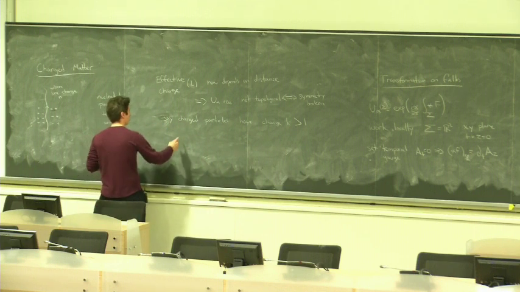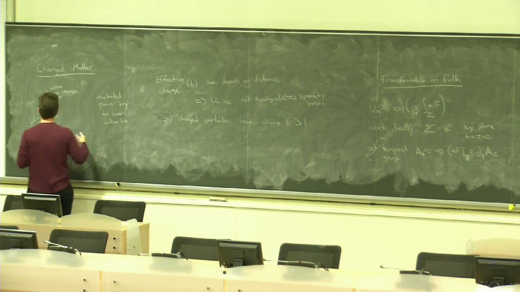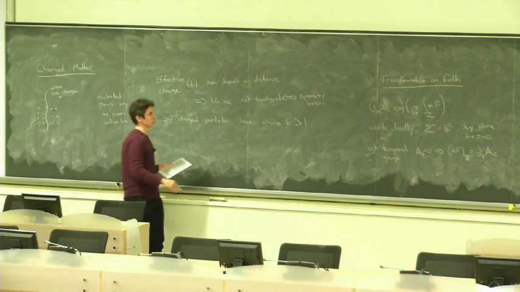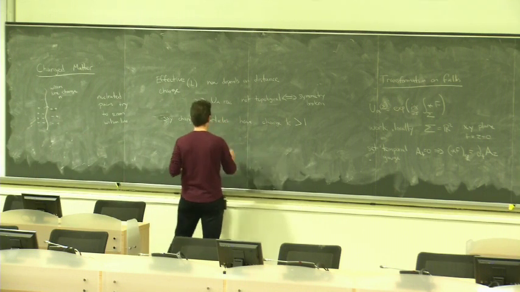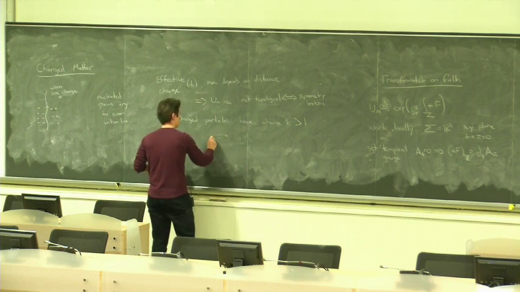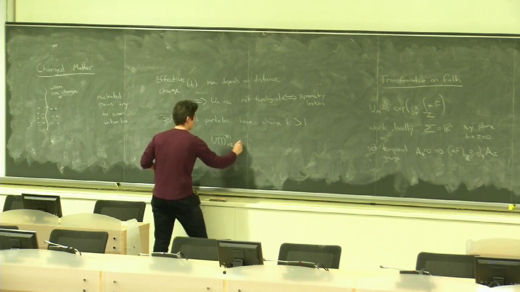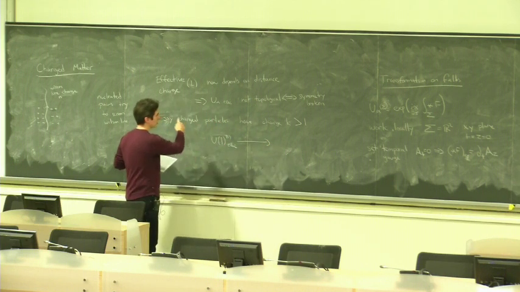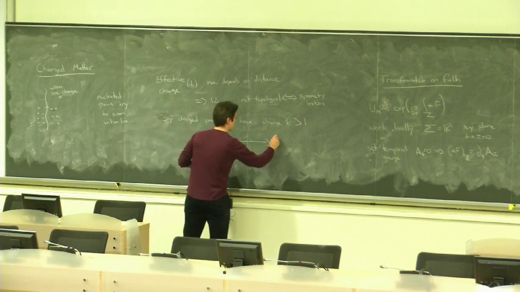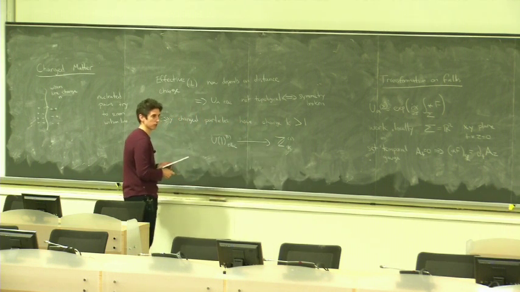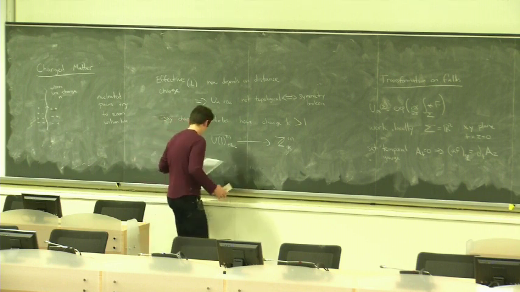In this case, it's sort of clear from the picture that you cannot screen an arbitrary Wilson line. You can only screen charges that are multiples of k. So what that means is that the U1 electric one-form symmetry is broken by the introduction of these charges down to ZK one-form symmetry, where k is the charge of the particles. How do we see it more technically?